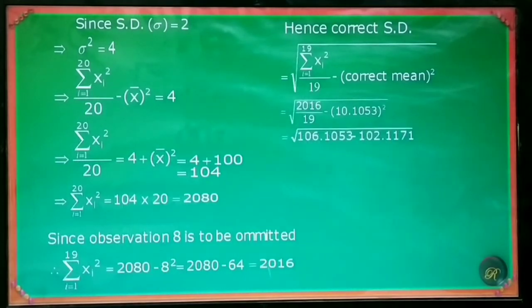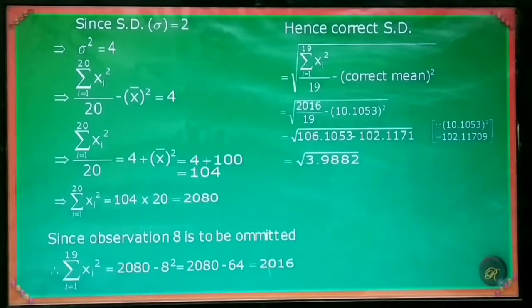Is equal to square root of 106.1053 minus 102.1171, because square of 10.1053 is 102.11709, is equal to square root of 3.9882.